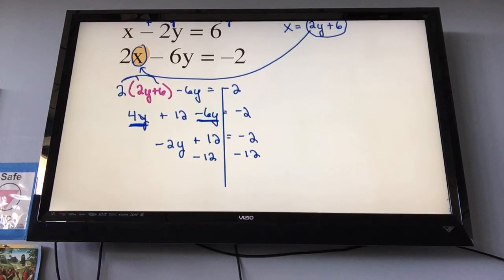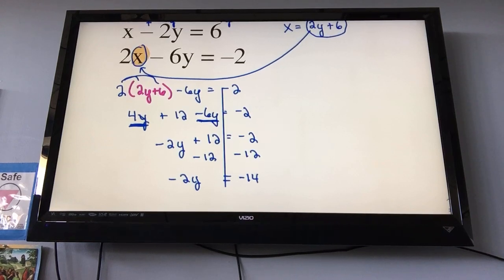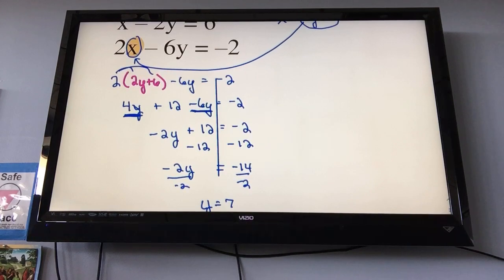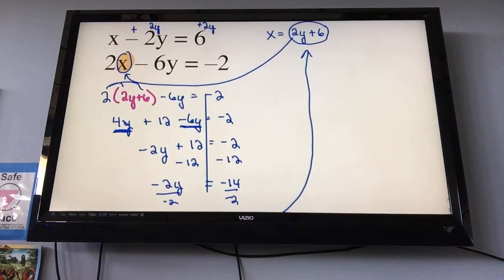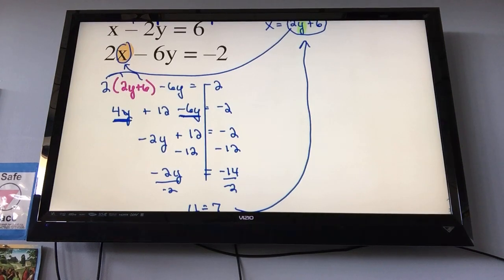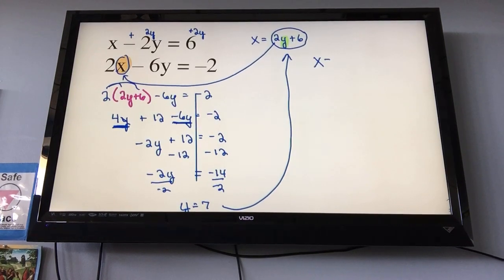Alright, so now we'll move the 12, subtract it. So negative 2y equals negative 14. Divide by negative 2, and y is positive 7. And the best, fastest, the easiest place to go back to is always the substitution equation. It's not the only place, but it's the best place.